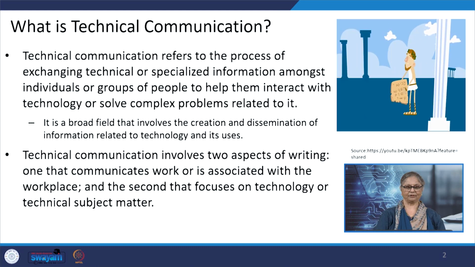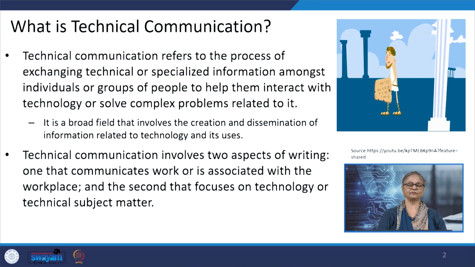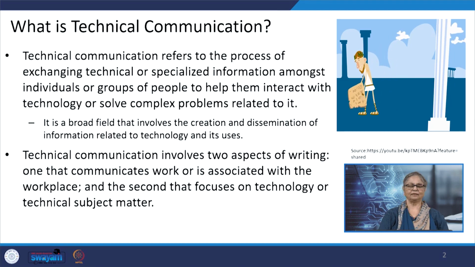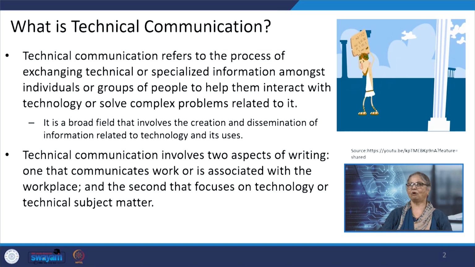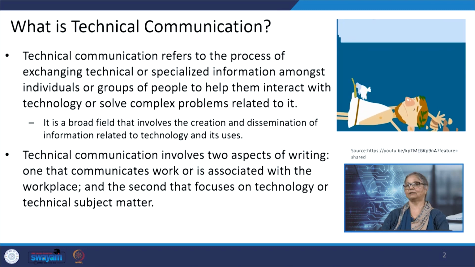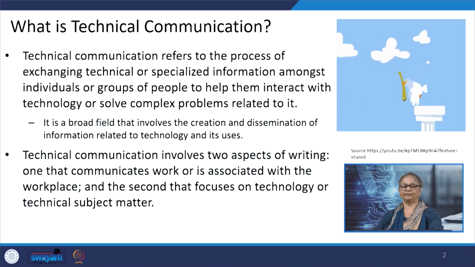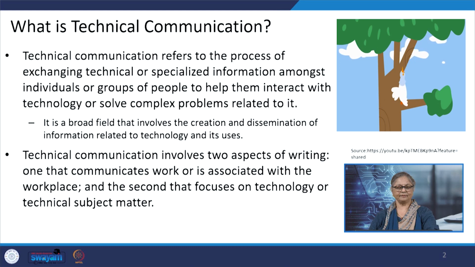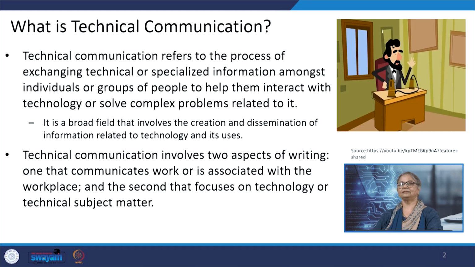Technical communication involves two aspects of writing: one that communicates work or is associated with the workplace, and secondly, the aspect that focuses on technology or the technical subject matter, that is, the core technical content.